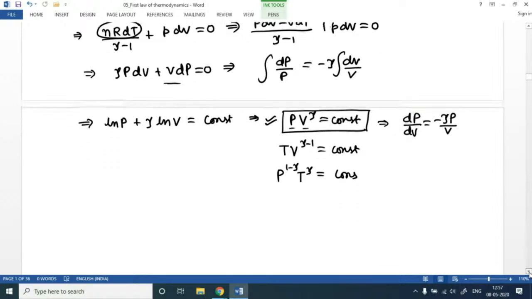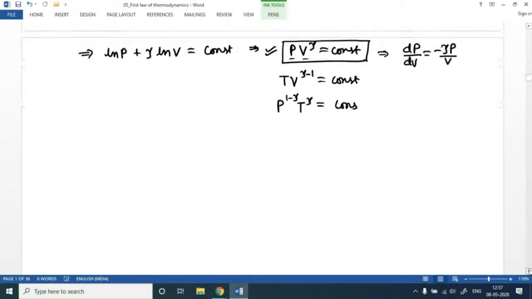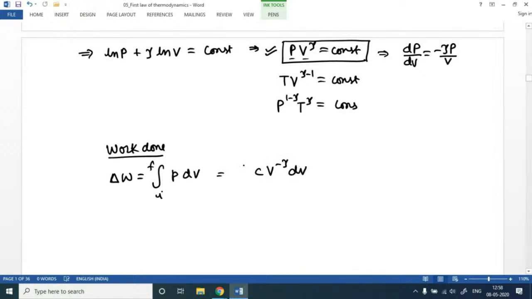And let's now look at the work done by the gas for an adiabatic process. So delta W, the relationship which we are having is nothing but P dV from initial to final, and let's say PV to the power gamma is equal to constant we are writing. So in place of P, let's write it as C V to the power minus gamma dV, from some initial to final state.